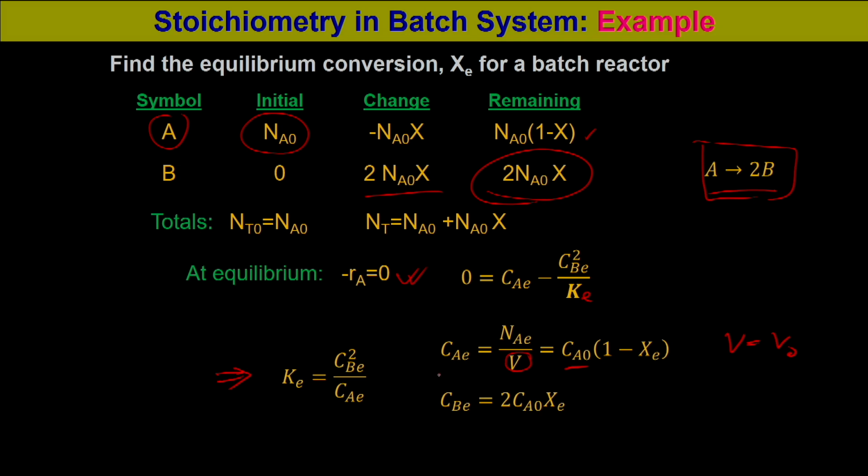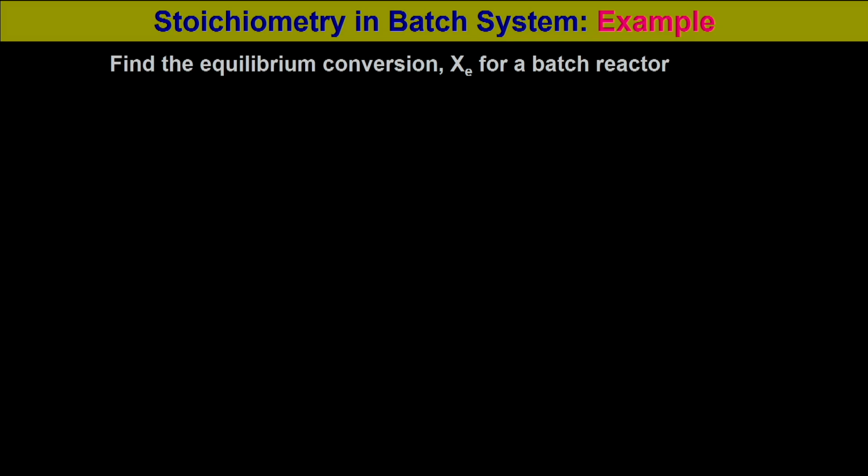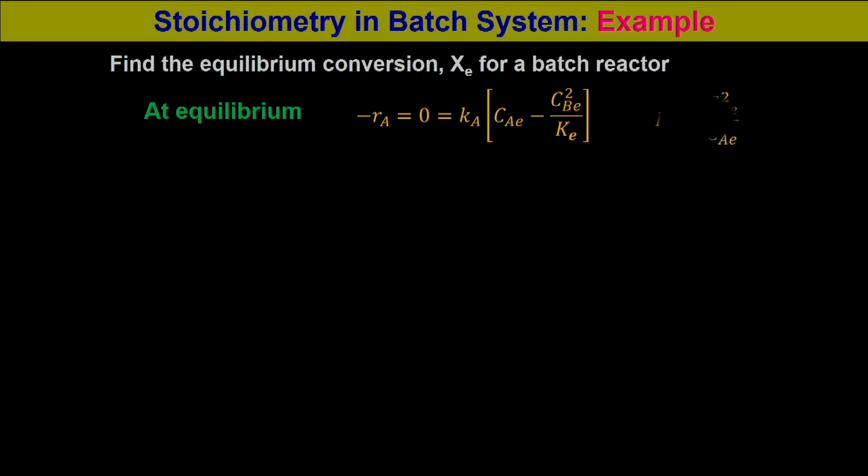So, now we obtained the equilibrium concentration of A in terms of Xe, and the equilibrium concentration of B in terms of Xe. Now at equilibrium, this is the relation, and Ke is Cb square by CAE.